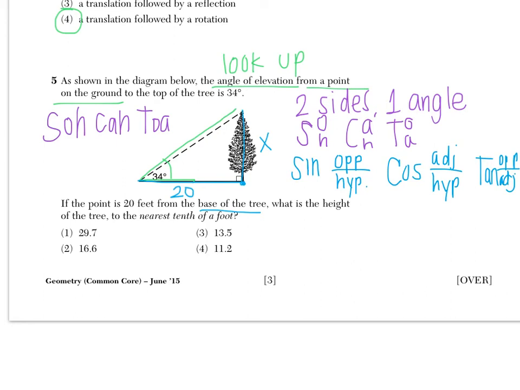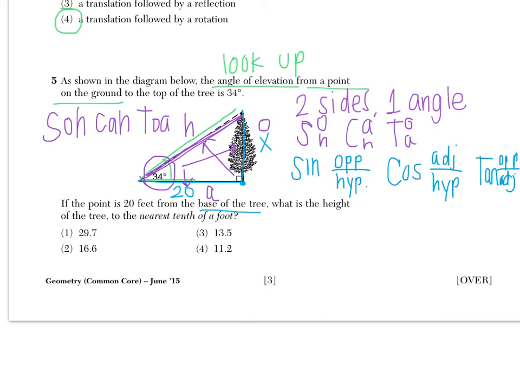So when I'm looking at this picture, I start by circling the angle, and then I label the sides that we have as H, O, and A. Opposite the angle is x, so that's an O, opposite. Next to the angle, I have a 20, so that's A for adjacent. The longest side of the triangle, or across from the right angle, is the H, the hypotenuse.